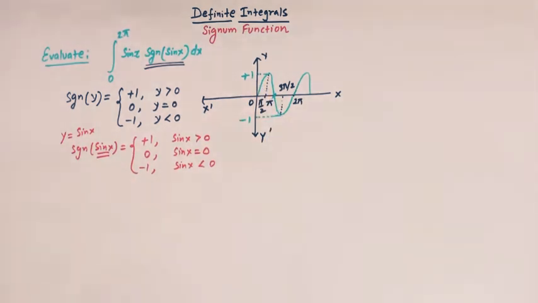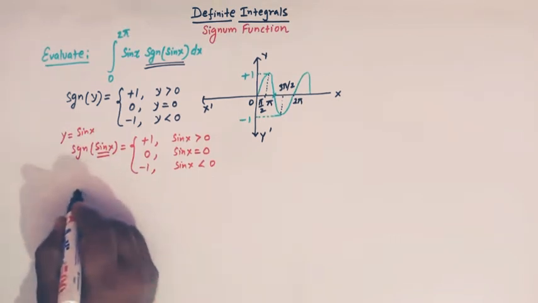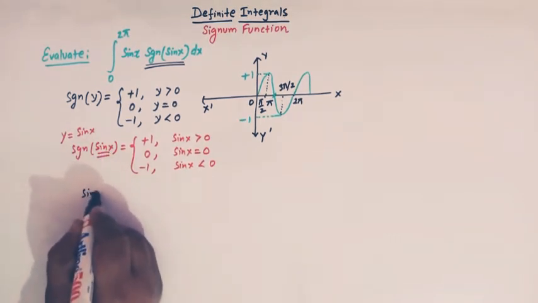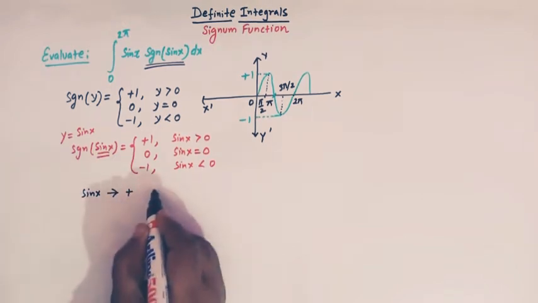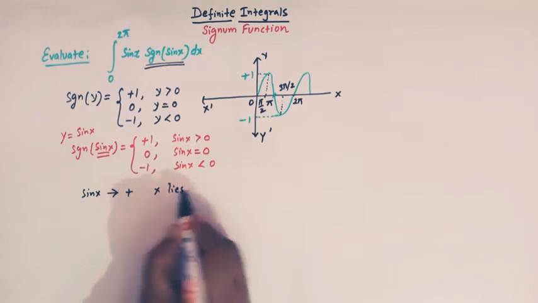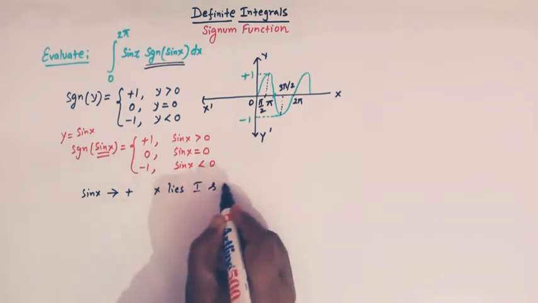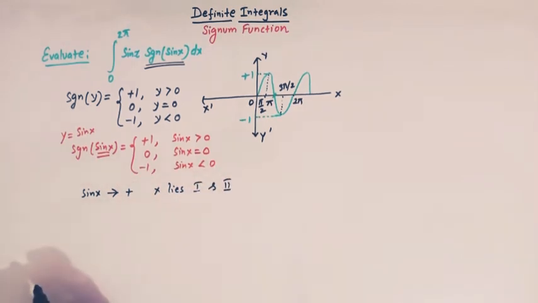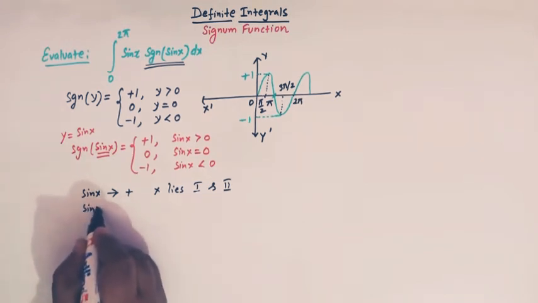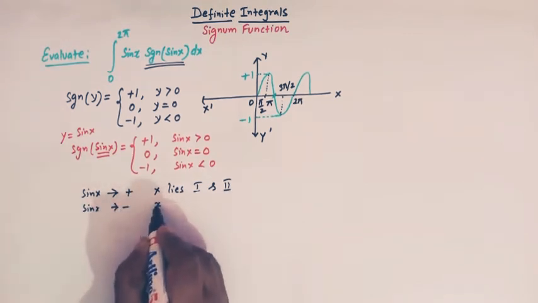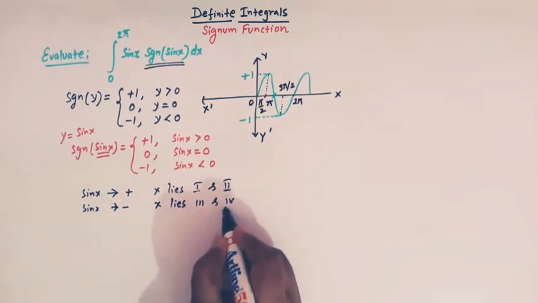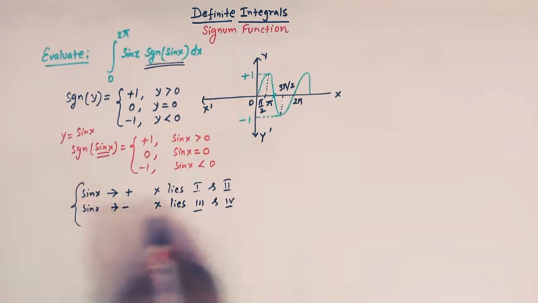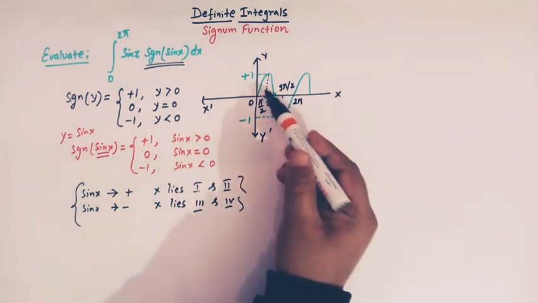So this is the rough sketch of the sine function, and we know that sine x is positive whenever x lies in the first and second quadrant, and sine x is negative whenever x lies in the third and fourth quadrant. This fact is quite evident from the graph.